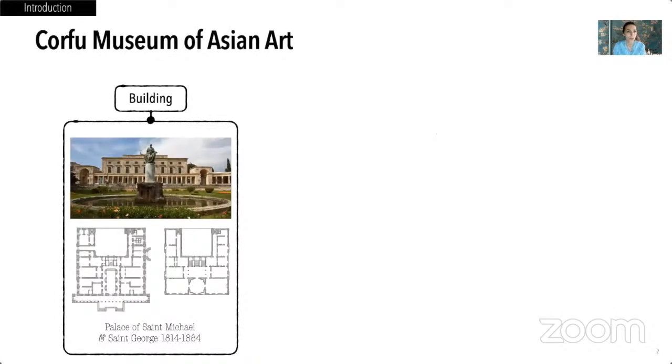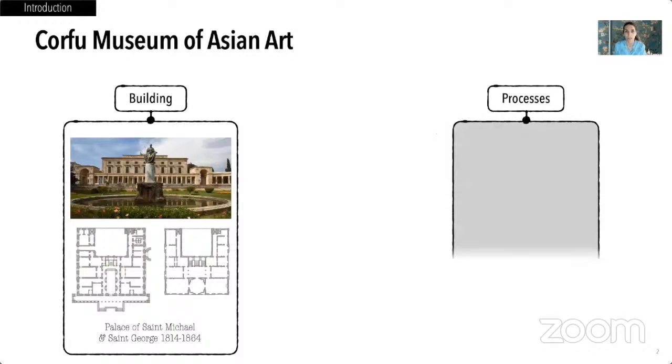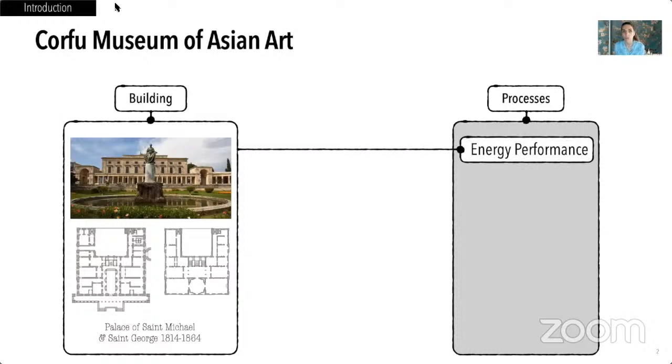I used to be part of the engineering team of a museum that was hosted in a very old building that dates back to the 1800s. And as part of the engineering team, we had to deal with very different processes about how to deal with the building. We had to care about the energy performance since there are multiple historical artifacts that need to be preserved.